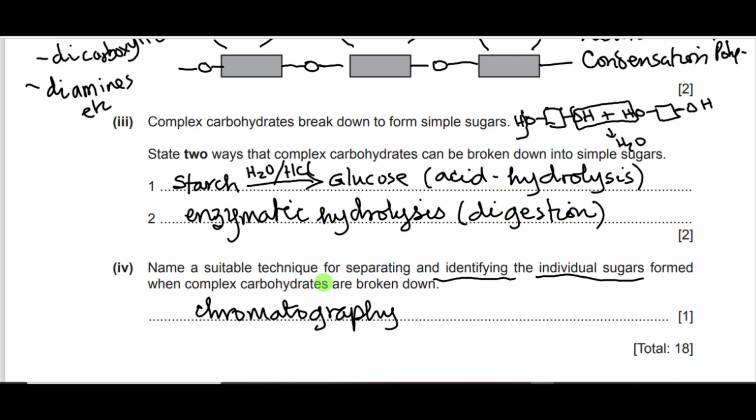After the separation has taken place, you can spray the chromatogram with a locating agent such as ninhydrin to easily identify the spots of the separated sugars. So the answer is actually chromatography. We will treat chromatography in detail when we'll be answering questions on the alternative to practicals.